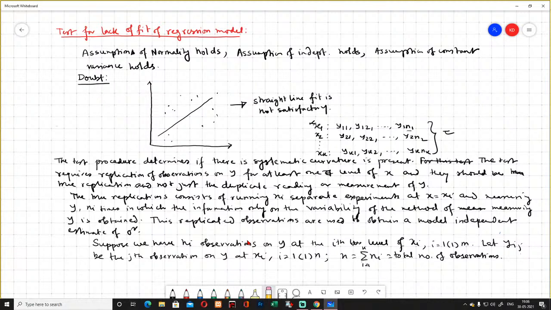Okay. So suppose we have ni observations on y at the ith level of xi, let yij be the jth observation of y at xi.